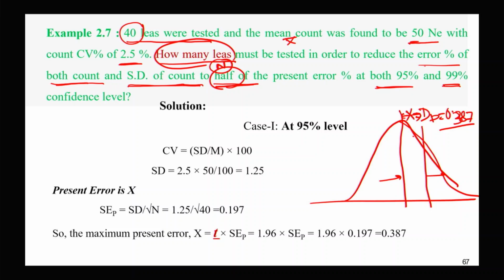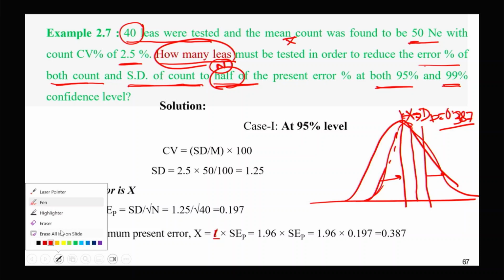Now we have to reduce this error to half of the present one. Suppose, then our distribution will be this. I'll change the color of the pen.